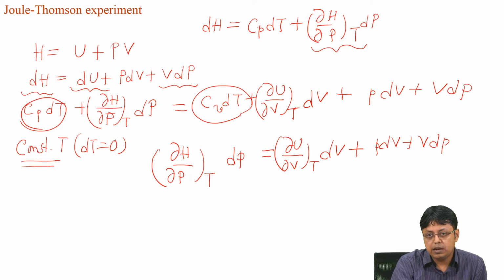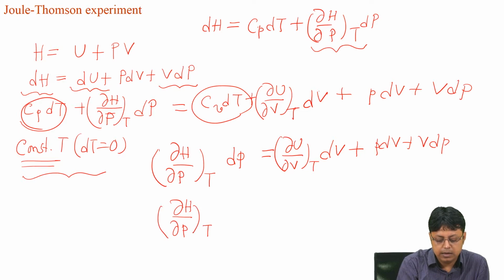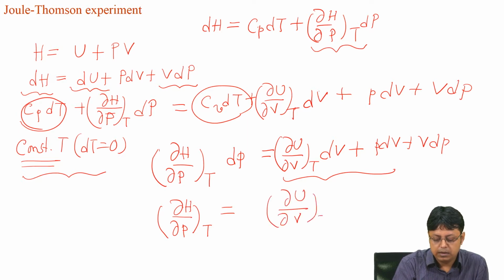As before, we can divide both sides by dP, and keep in mind that we are doing it at constant temperature. So, this quantity (∂H/∂P)_T is expressed as, again before I divide both sides by dP, I can actually write these two terms as ((∂U/∂V)_T plus P) times dV.